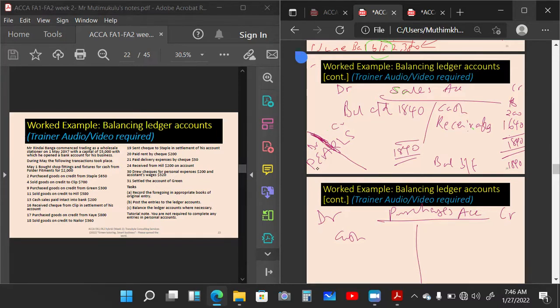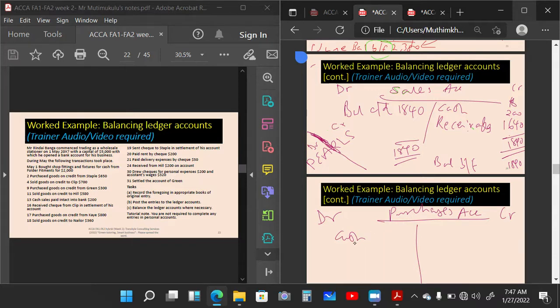These ones are purchases, expenses, assets; revenue, liabilities, share capital. Revenue also means sales. Revenue is sales, or you can just take this as sales. So debit, credit. When we increase purchases, when we buy goods for cash for resale, we debit.